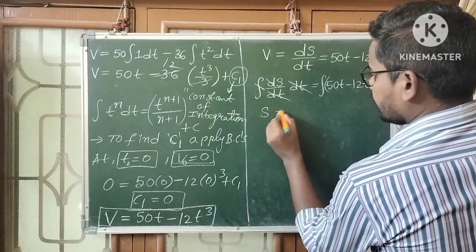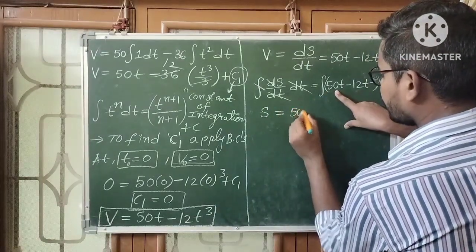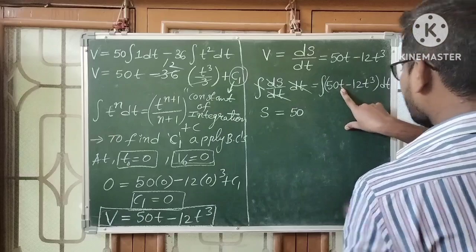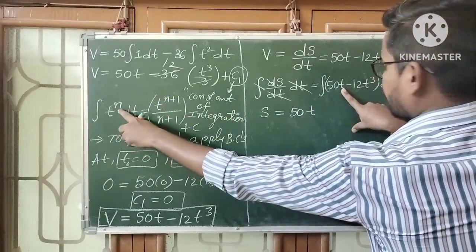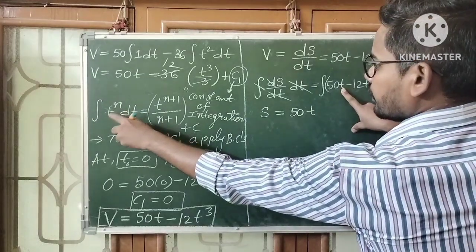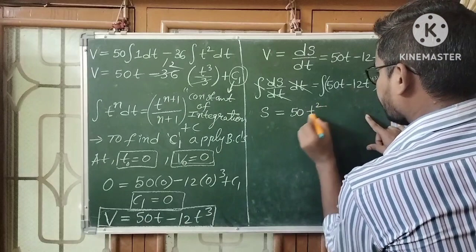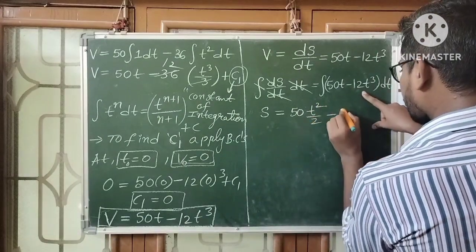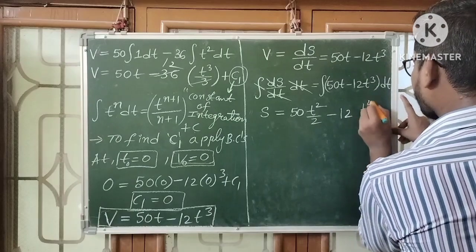So now s is equal to the integral of... here 50 is constant. The integral of t is t power n plus 1 by n plus 1. We need the integral of t, so n is equal to 1. So t power 1 plus 1 by 1 plus 1, t square by 2. Minus 12 is constant. The integral of t cube is t power 4 by 4.